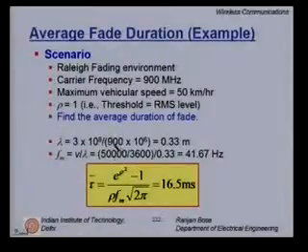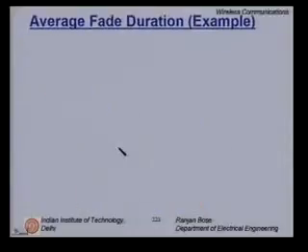It can be shown that increasing just the signal strength is not always the best way to overcome the effects of fading. It is a wasteful method, though a simple one. Let us look at another example.